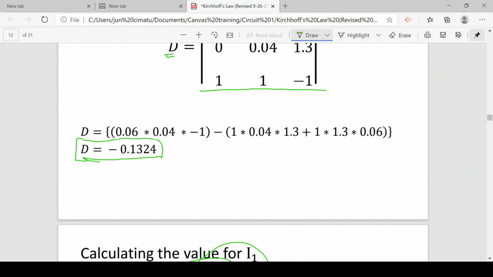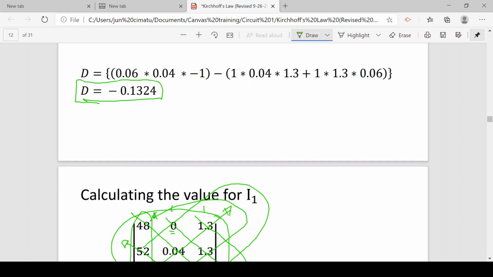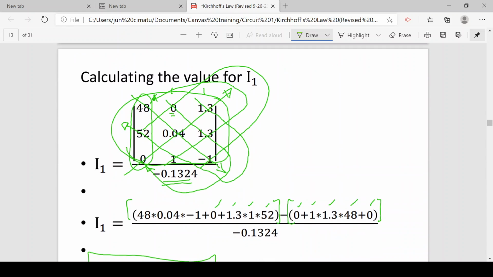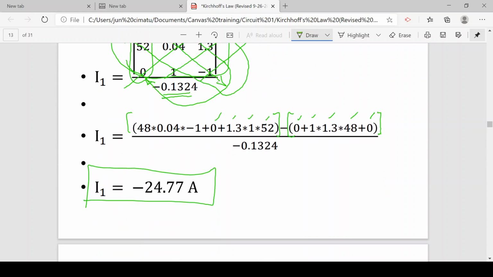Now, if you would be using your calculator to calculate all these I sub 1 and I sub 2, you can use the built-in programs in your calculator.